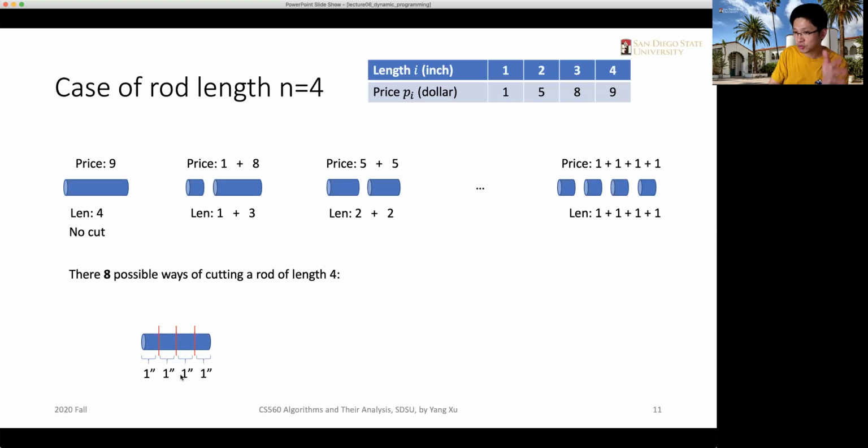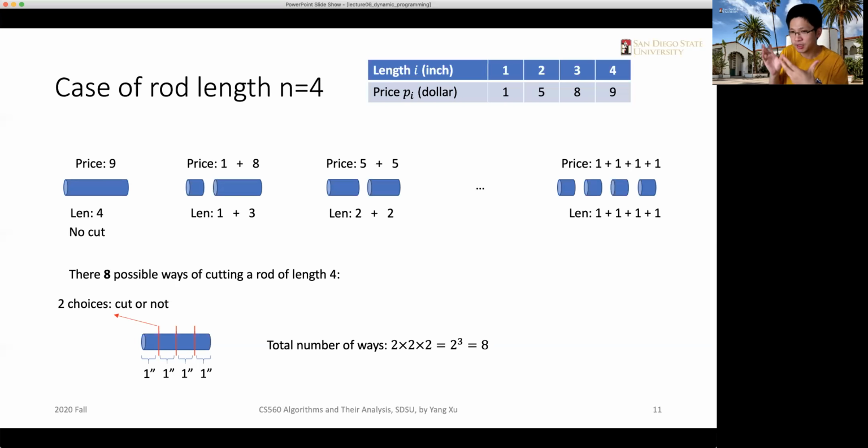So on each red line, we can choose to cut or not. So each red place, each red line, red mark, we have 2 options. Okay, and we have 3 of such places. So in total, we have 8 ways of cuts or not. Okay, but the results can overlap, right?